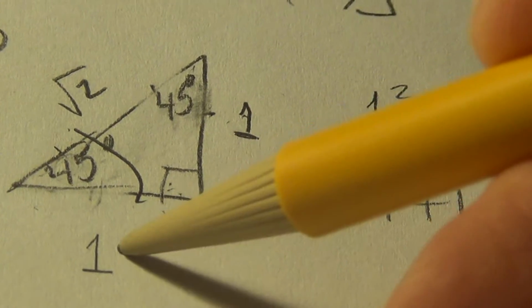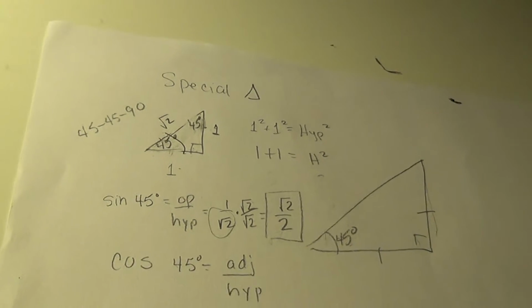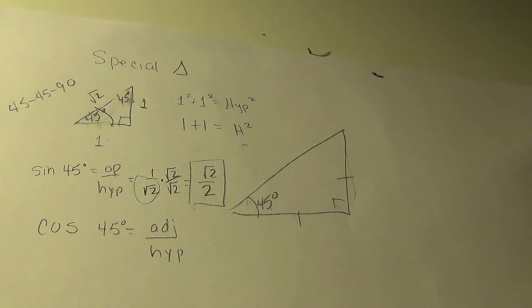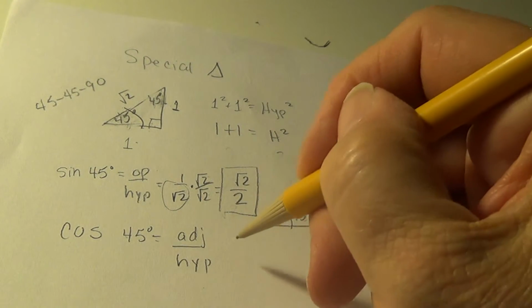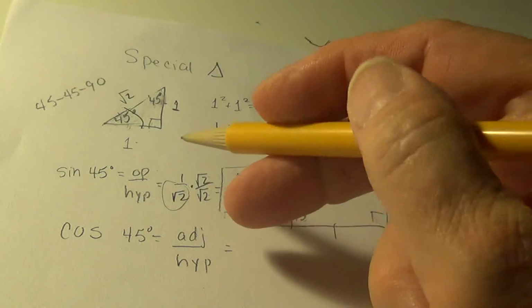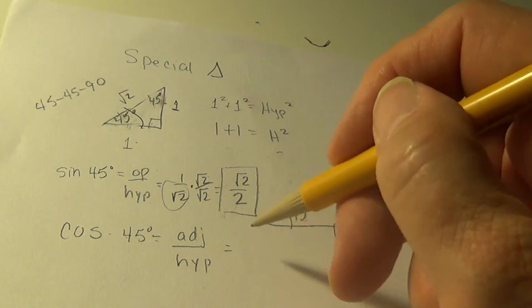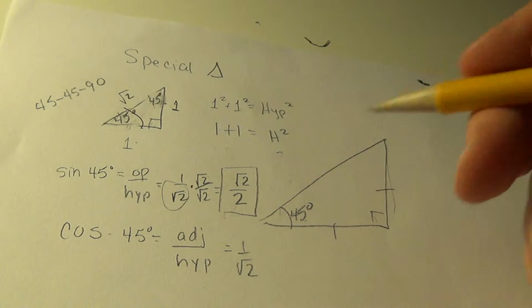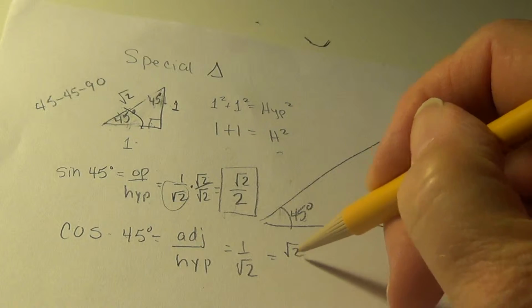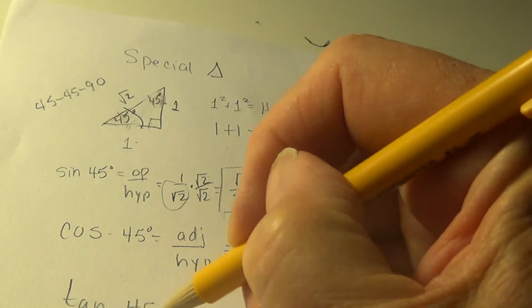You'll see this is side adjacent and that's hypotenuse, so it's kind of funny that we get the same thing. That will always happen on a 45, 45, 90 triangle. The sine and cosine of 45 are always the same. So we're going to get 1 over the square root of 2 again, which rationalizes to square root of 2 over 2.